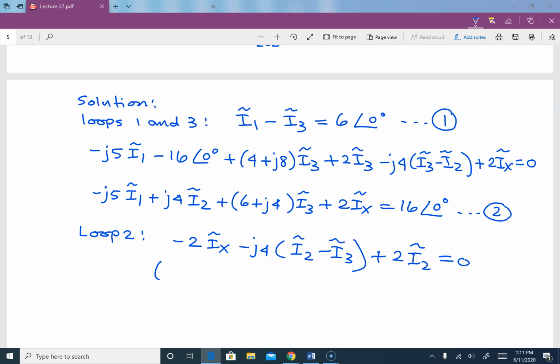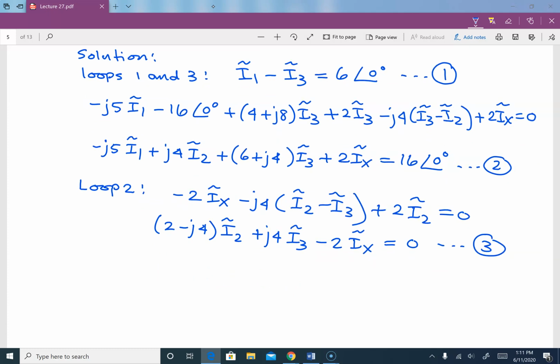We will have 2 minus J4 multiplied by I2 plus J4 I3 minus 2 Ix is equal to 0. And this is our third equation. So now we have 3 equations and we have 4 unknowns. So since we have a dependent source, then we can write our Ix.